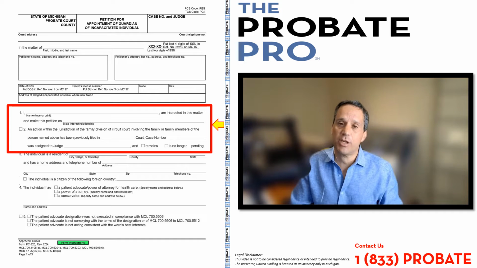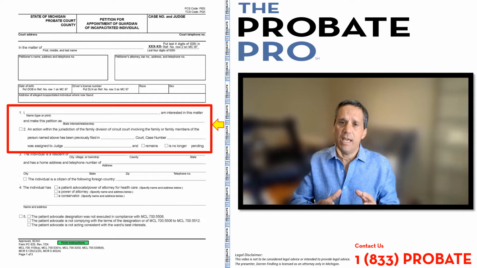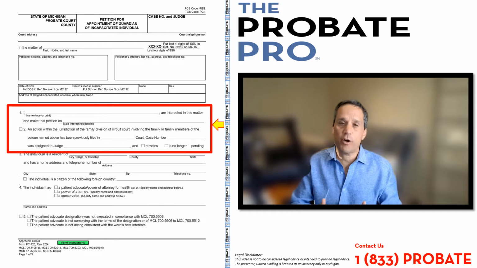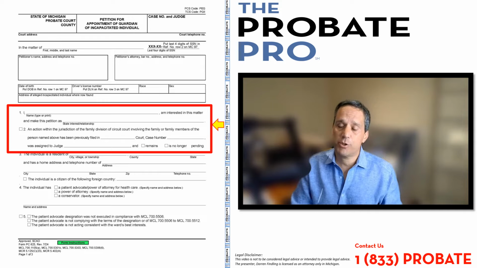The next section under paragraph 2 is an identification if there are any other matters involving that same person that are under the jurisdiction of the family division of the circuit court. So maybe there's a custody issue going on or some other matter or maybe a divorce proceeding. This allows the court to identify and consolidate matters as well as identify and ensure that any prior matters are assigned to the same judge.